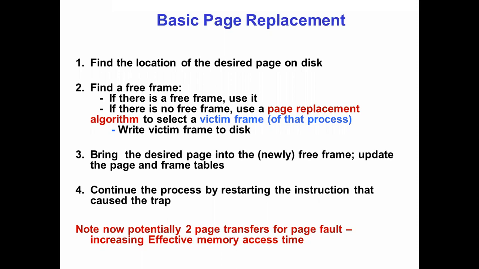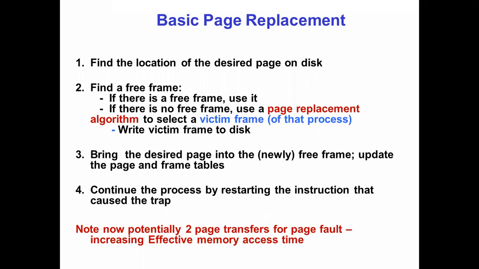So which one is a free frame? Now again there are two conditions for this. If there is a free frame, use it. If the frame is available, then we use that frame. If there is no free frame, use a page replacement algorithm. So now there is a need to use the page replacement algorithm.